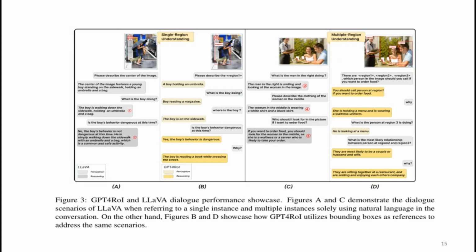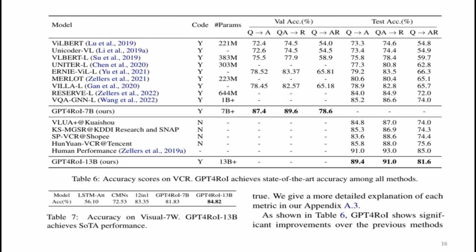And dear friends, this GPT4RoI also supports multi-region reasoning, where the model can handle multiple regions at once, providing more detailed descriptions and complex reasoning about various objects in the image. Furthermore, the system can integrate with any object detector to provide detailed attributes such as color, shape, material, action, and even relationships between objects.